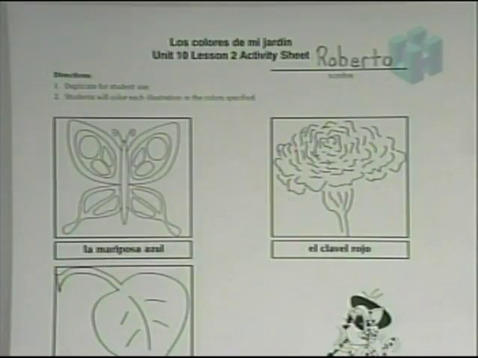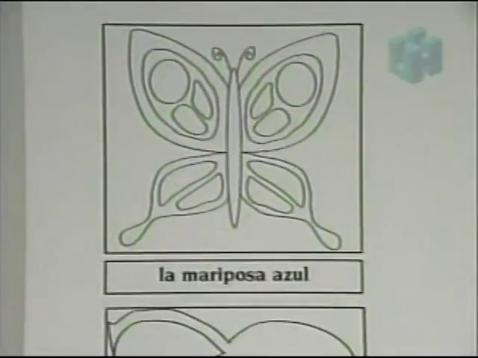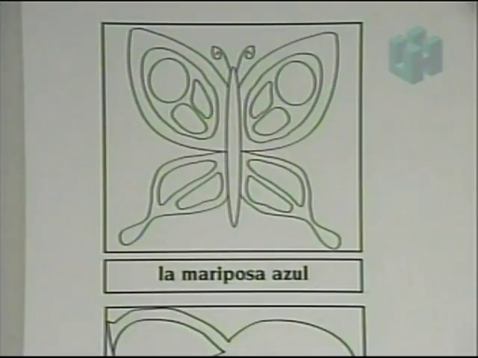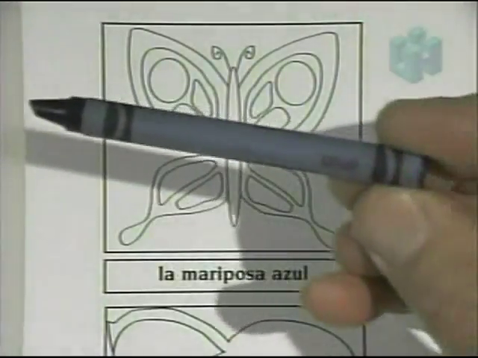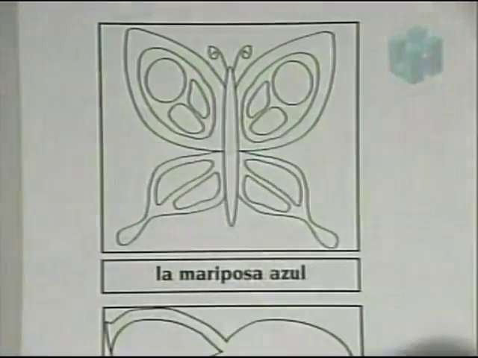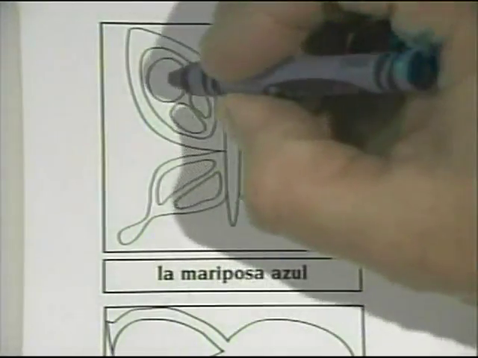Well, let's look at this first one here. La mariposa azul. Red is rojo, green is verde. Oh, blue, azul. So I'm going to take my color blue and I'm going to color the mariposa.